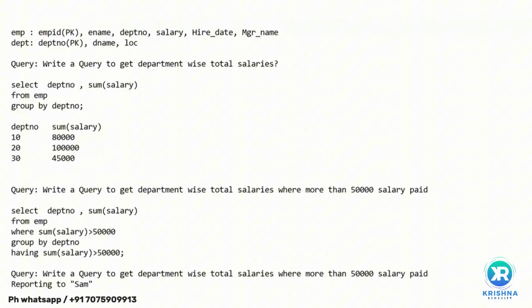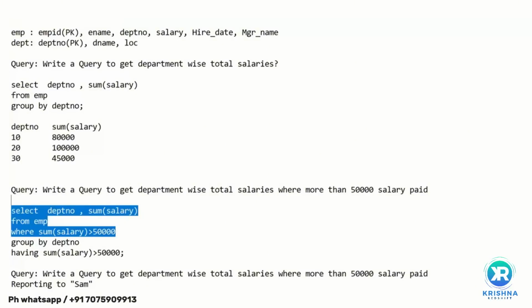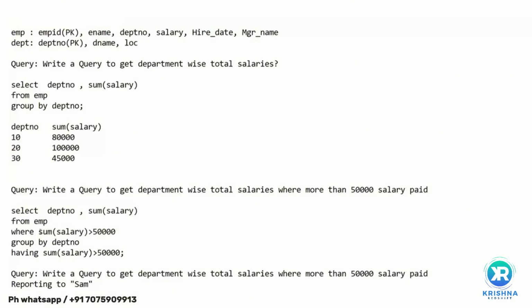In fact, yesterday I think Mongo also made the same mistake. But in the where clause we can only use normal conditions, not aggregate function conditions, so it will not work. That's wrong. Any filter on aggregated columns should go into the having clause. Since this is a filter on an aggregated column, it should be under the having clause.